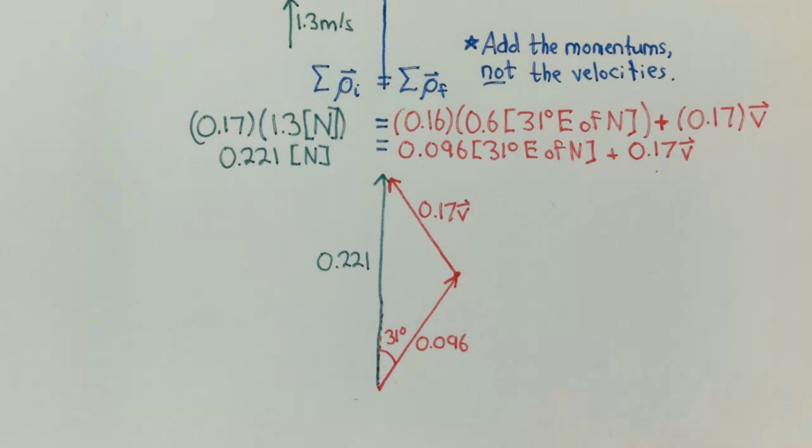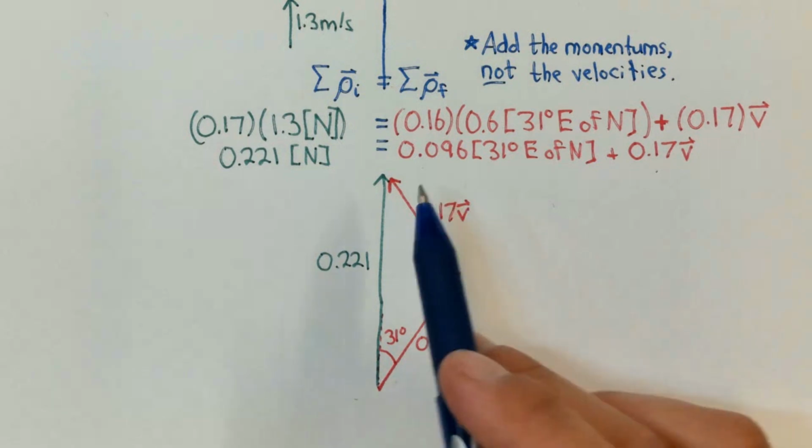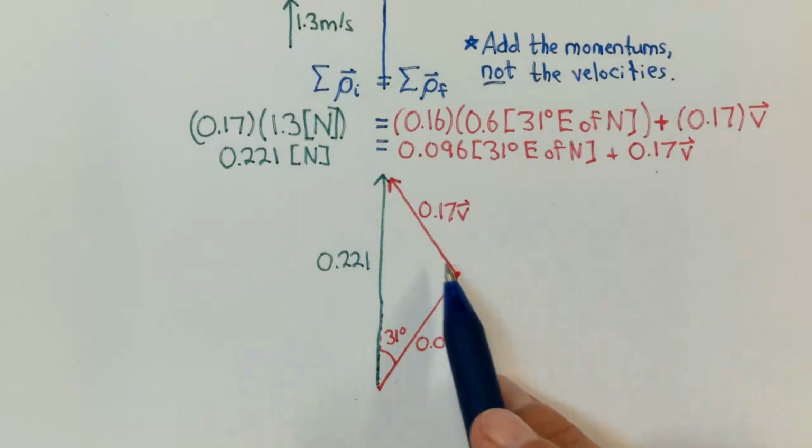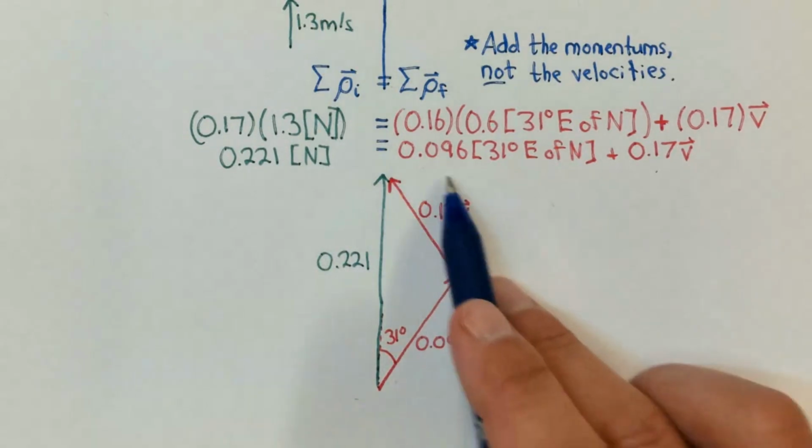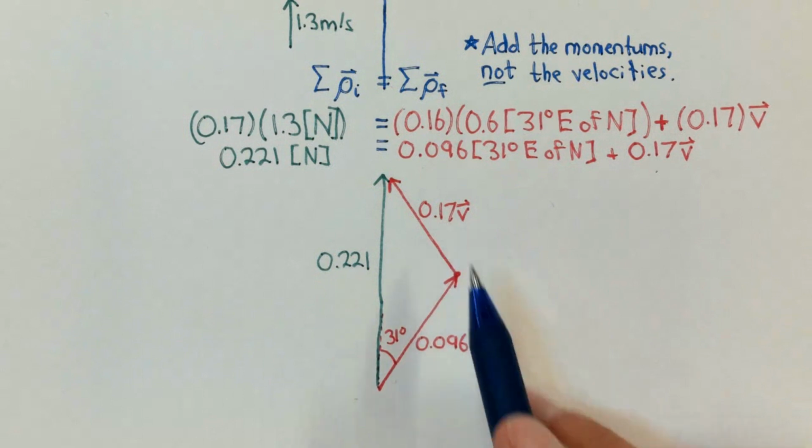So if we use sine law and cosine law, let's say we use cosine law to find the length of this guy. This is the guy we're trying to solve for, right? We're trying to solve for v.